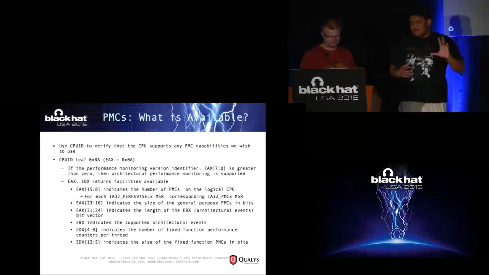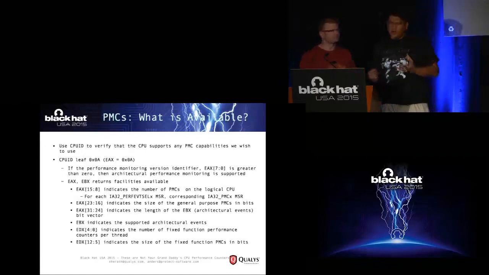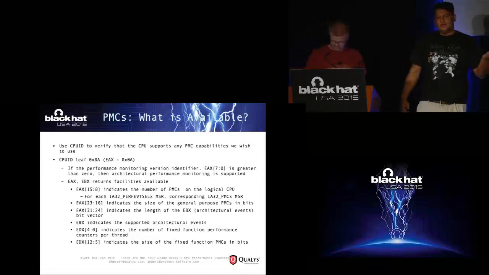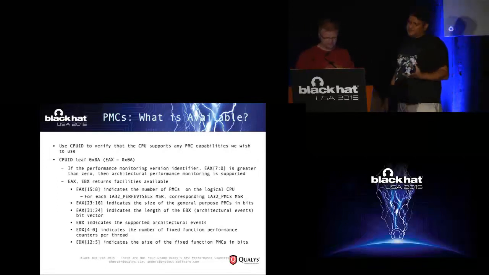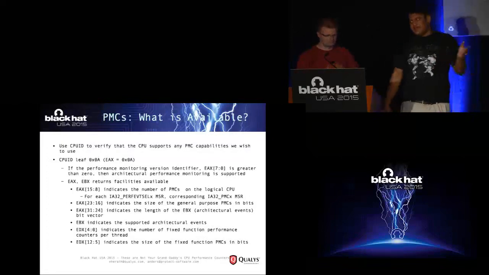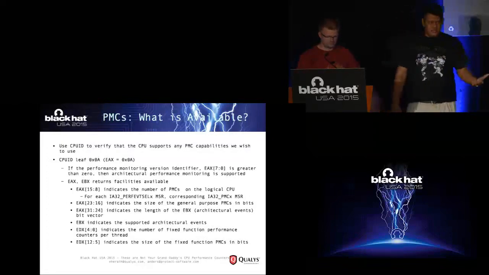Okay, so now going back to figuring out what PMC information is available to us on a given microarchitecture, we can use the CPUID instruction, which provides different leaves that give you different information about the processor.